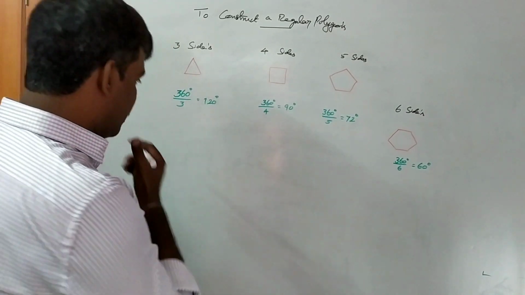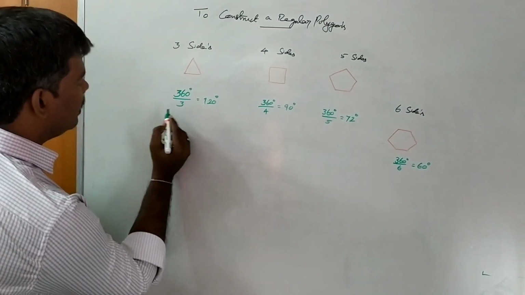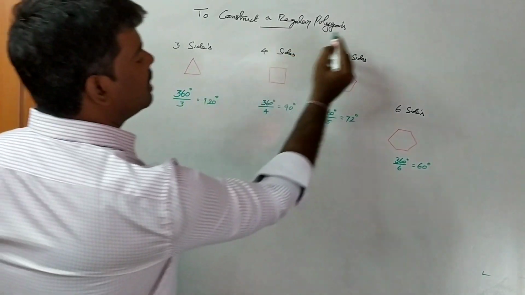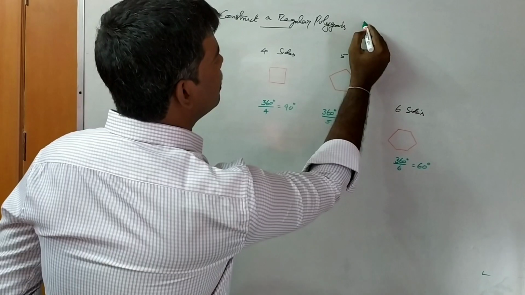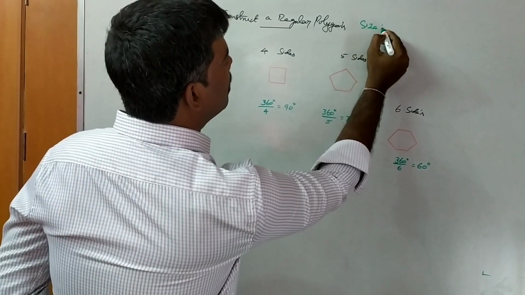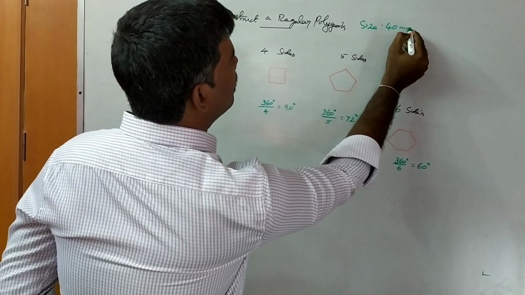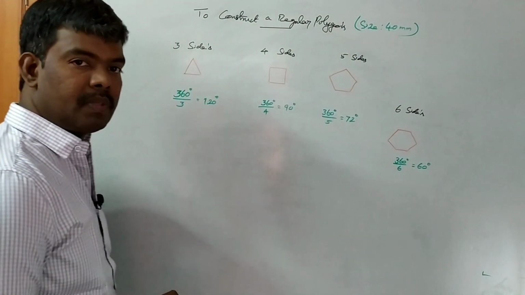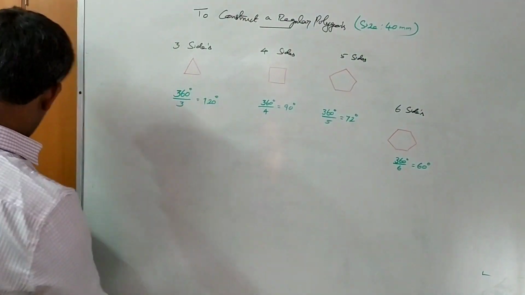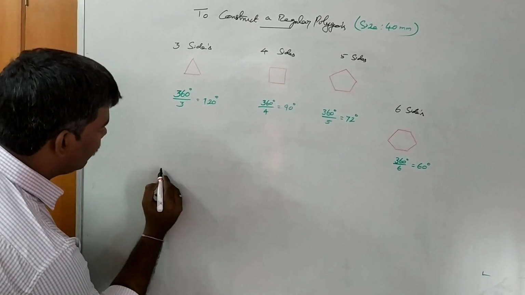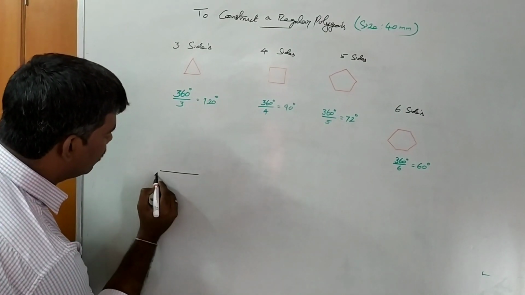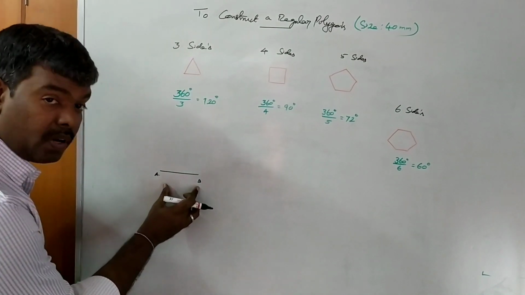For example, let us assume the polygon size, the side, is 40 mm. A to B is 40 mm.